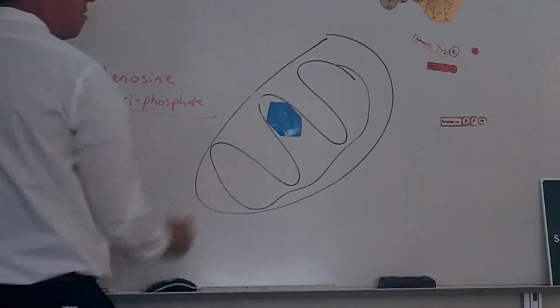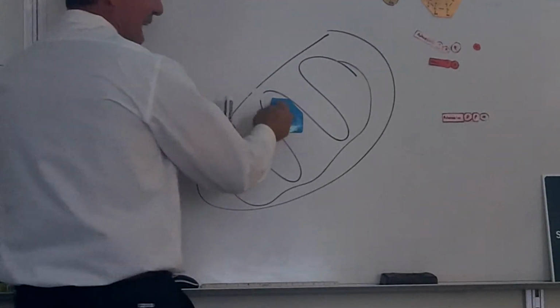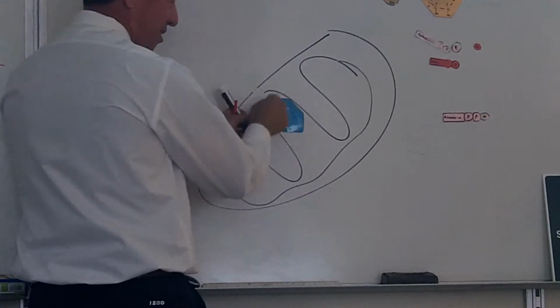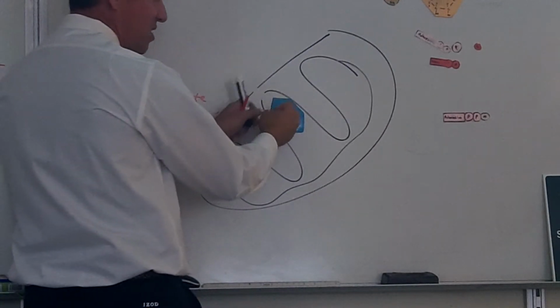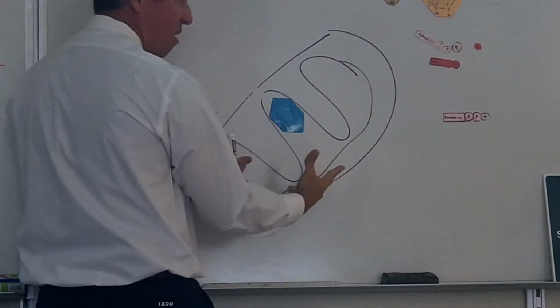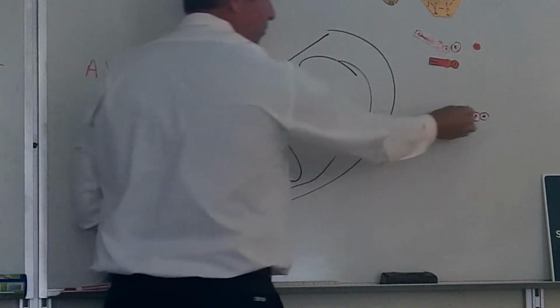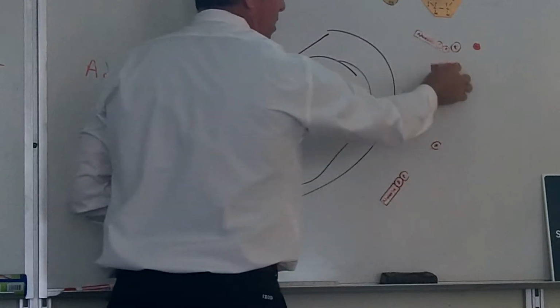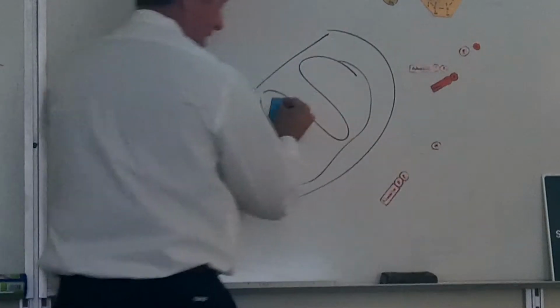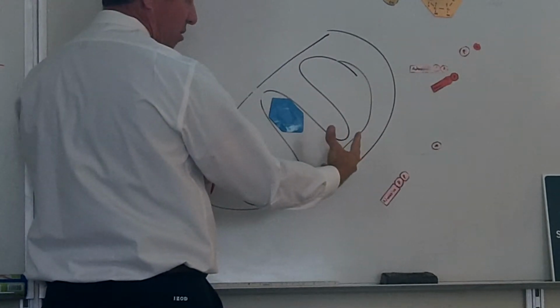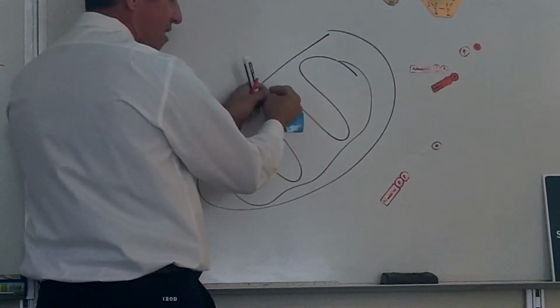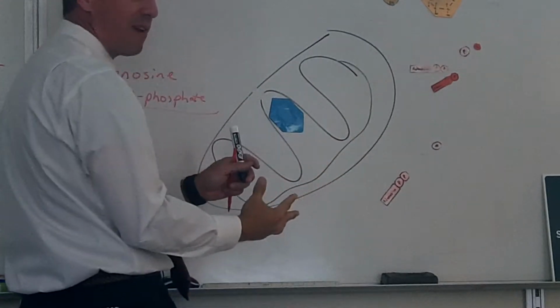Oxygen also goes in. And that molecule, which has lots and lots of high energy bonds, is broken apart. And when that molecule is broken apart, the energy comes out of that molecule. The breakdown of glucose is an exergonic reaction.